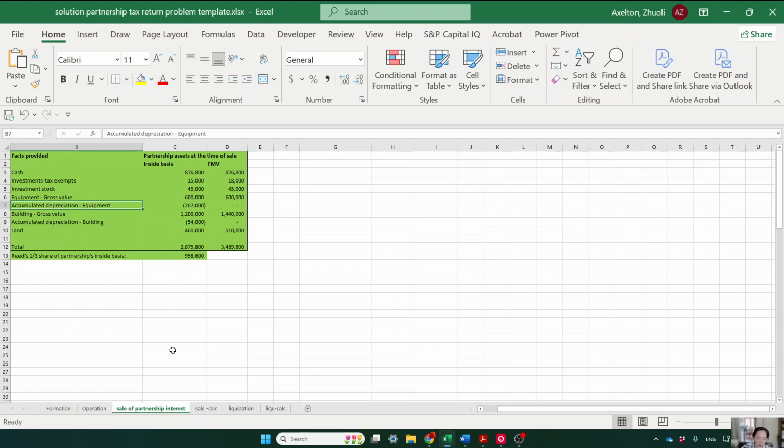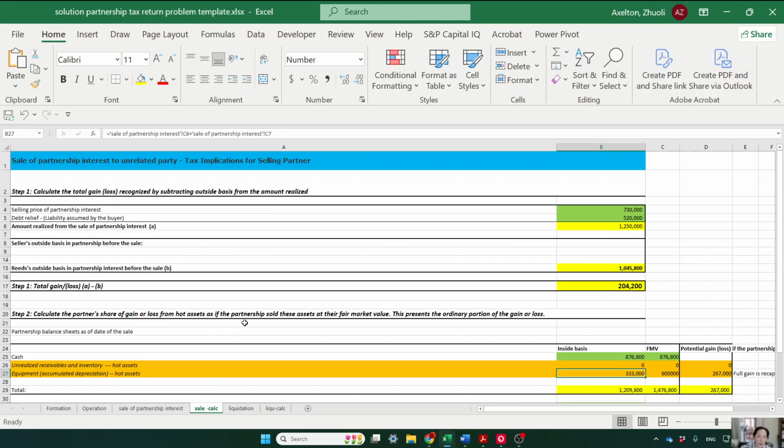Okay, so now let's take a look at the calculation, and this is a template from the chapter homework. It helps you identify the different components. Of course, a lot of you have come up with your own calculation, which is great.